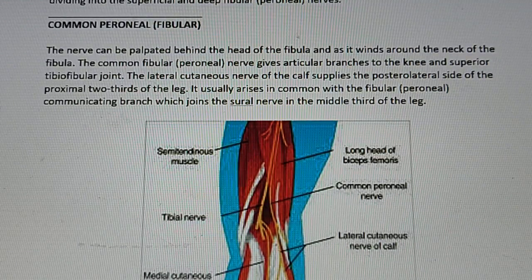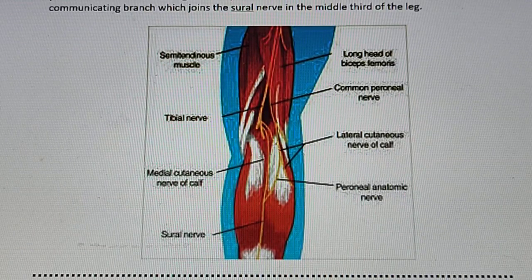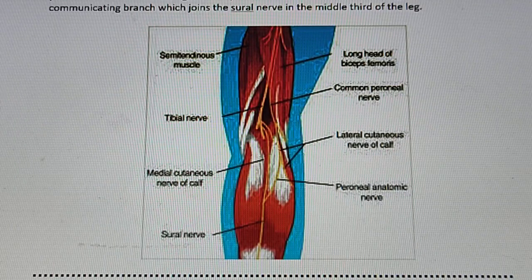We have here the common peroneal, or fibular, nerve. Here's a picture of the nerves and the muscles as well, so just take a look at it.